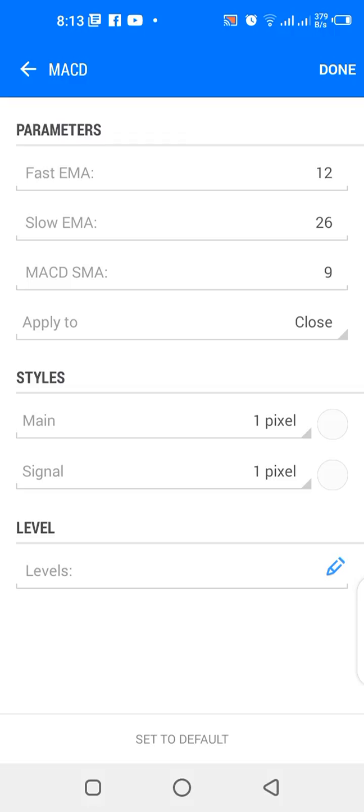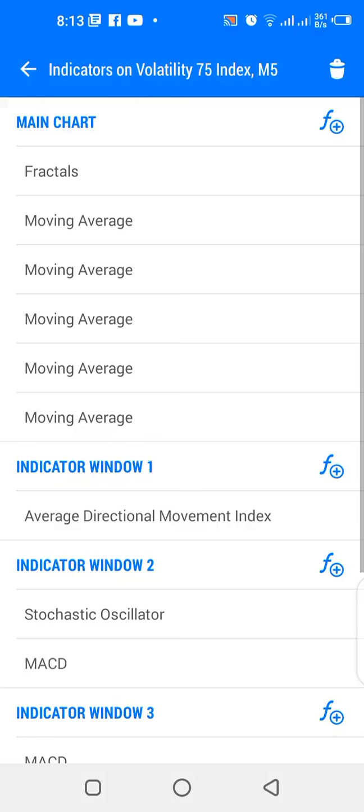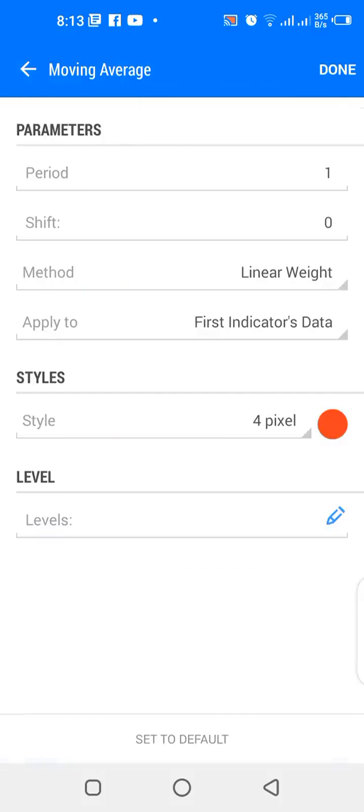Apply to close. The colors of the main style and the signal style will match the background color. Then we have a moving average, period 1, linear weighted, applied to first indicator's data. The color is red.